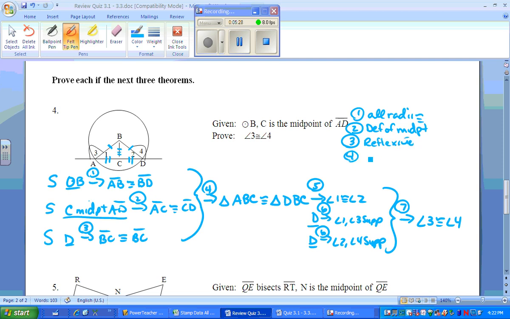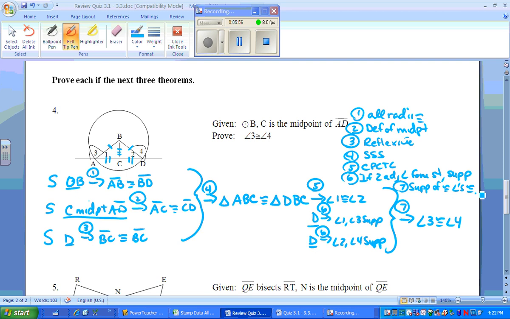Reason 4, side, side, side. 5, CPCTC. 6 was if two adjacent angles form a straight angle, then supplementary. And 7 was supplements of congruent angles are congruent.